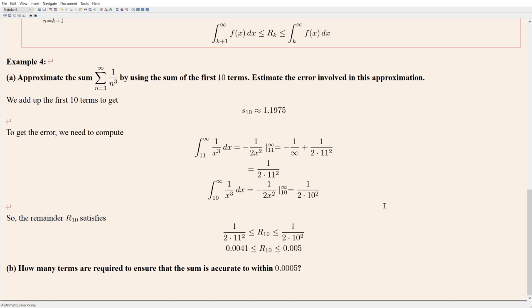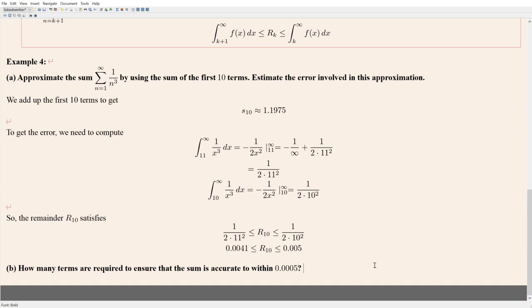Now, for a more interesting question, how many terms would be required to ensure that the sum is accurate to within 0.0005? So we're putting in one more 0 here. So here we only took 10 terms of the sum. How many more would we need to take to increase the accuracy by an additional order of magnitude?